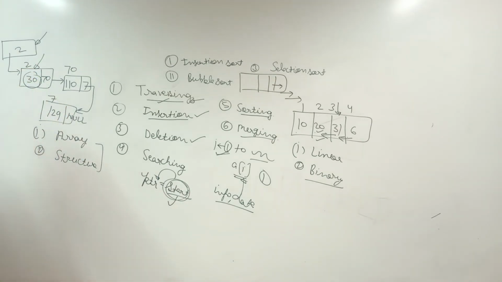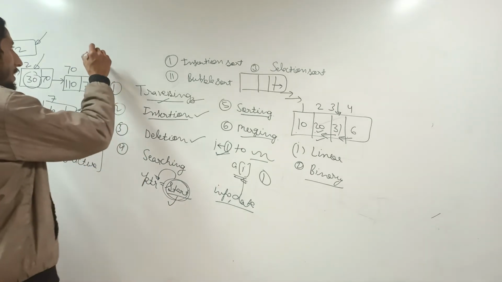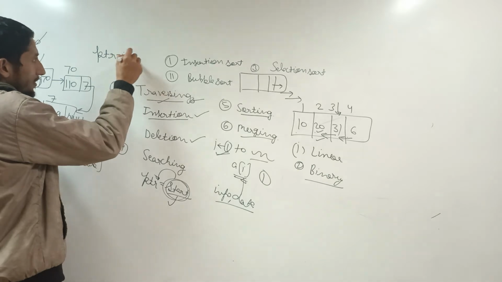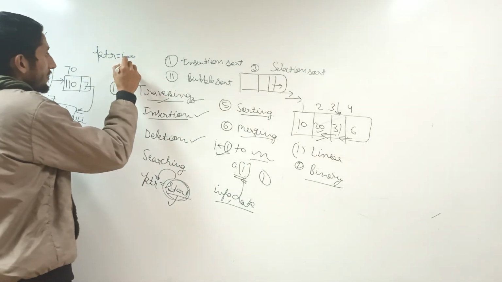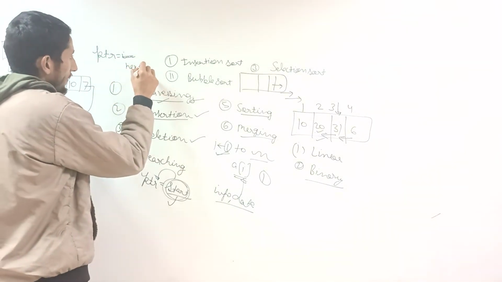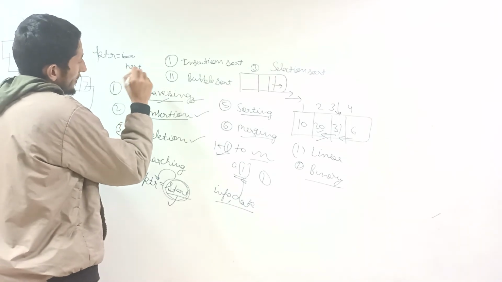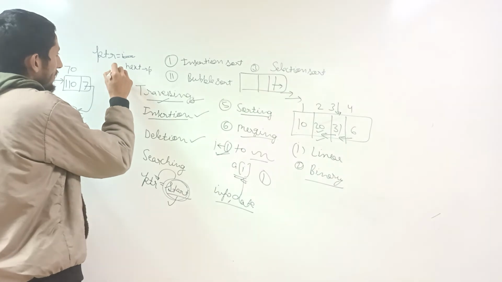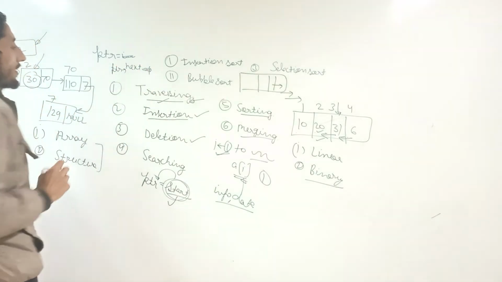Then I have to update. How can we update? We can update ptr as next of ptr. You can write like this, next of ptr. So what is the meaning of this one?